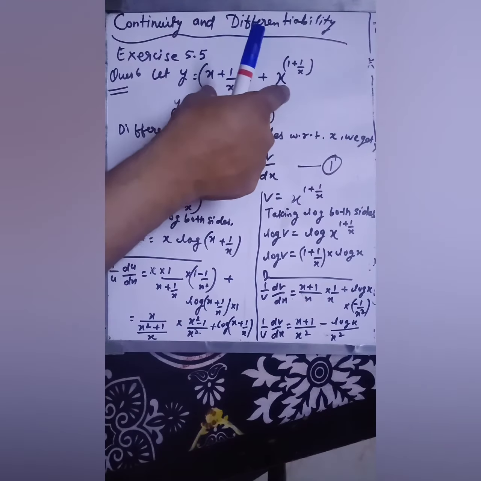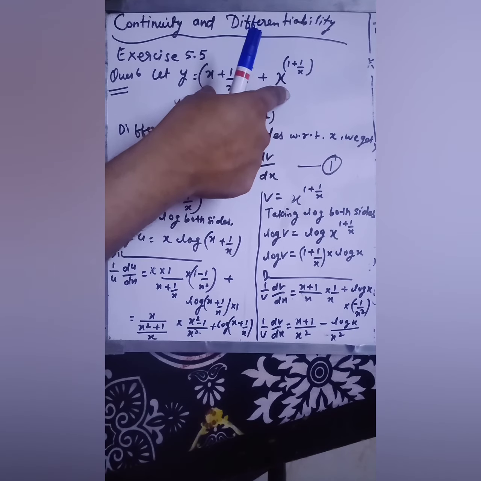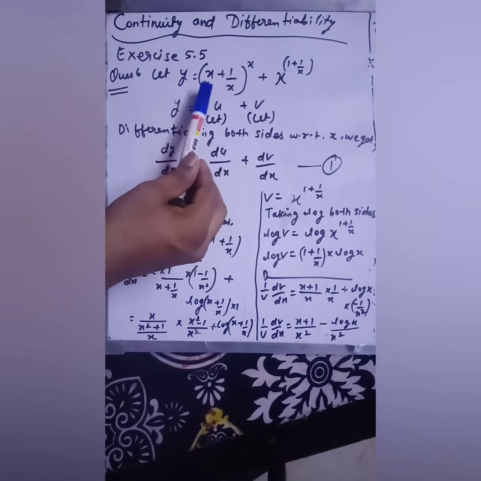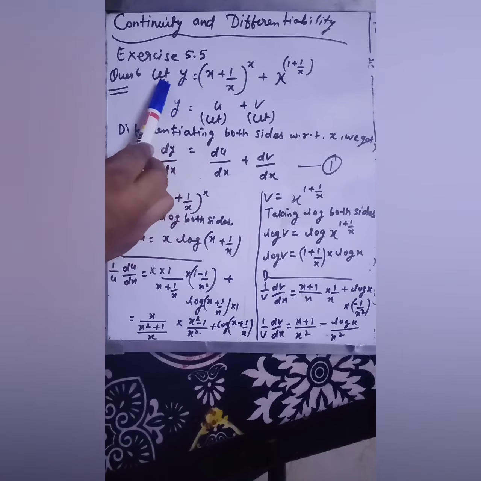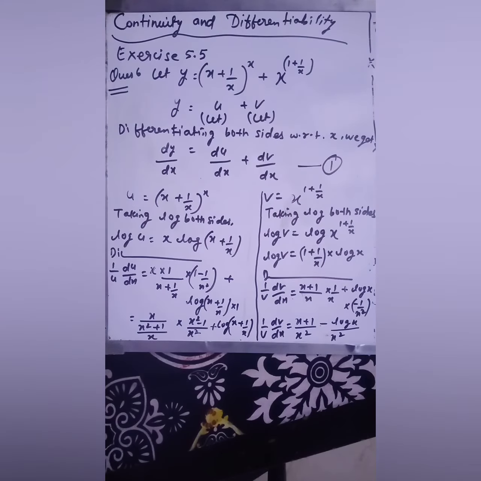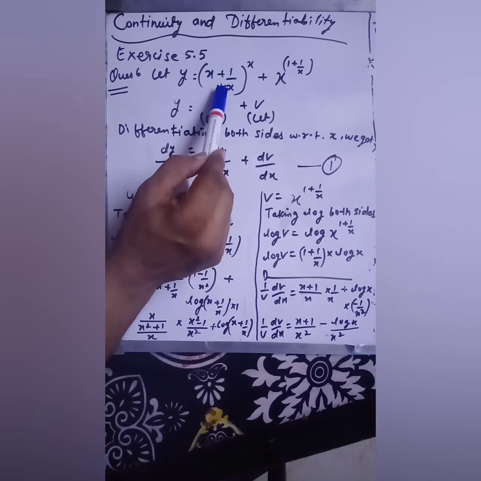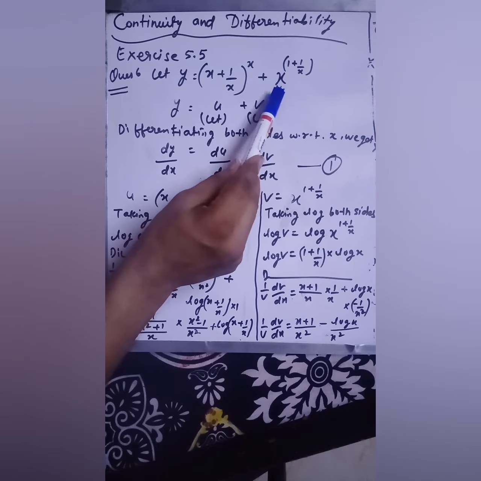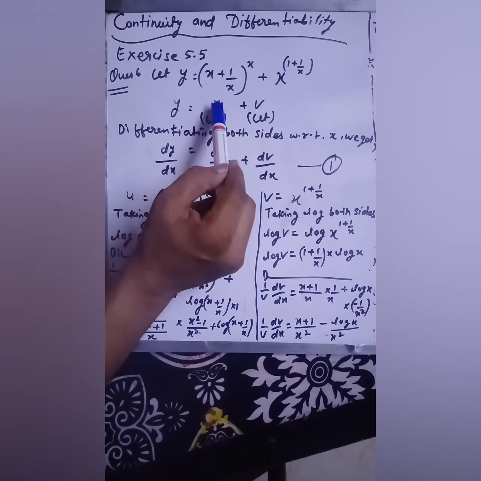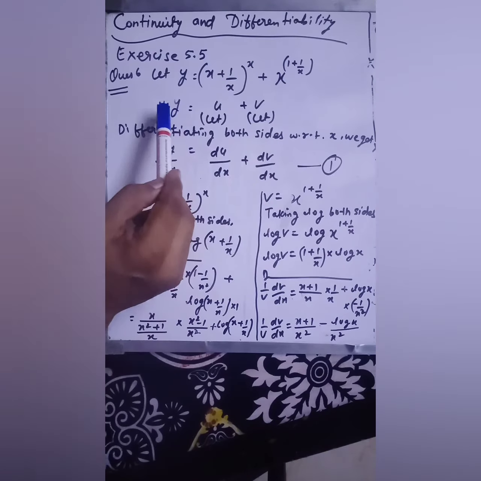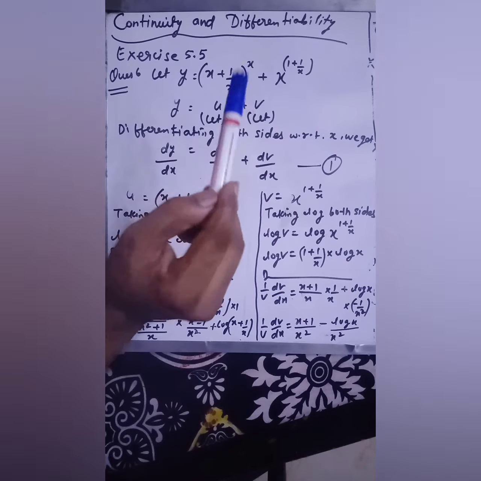Here this is given to you. I'm assuming that this expression is equal to y. Now I'm assuming that this part is u and this part is v. So our y is equal to u plus v.